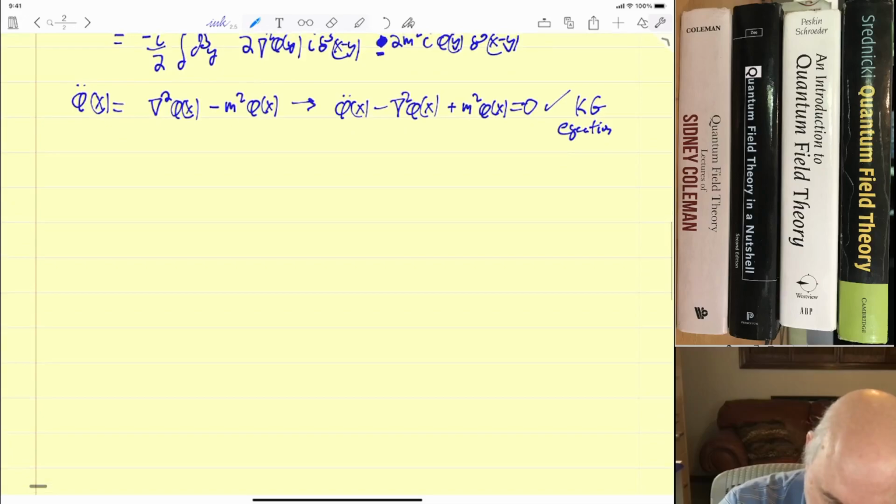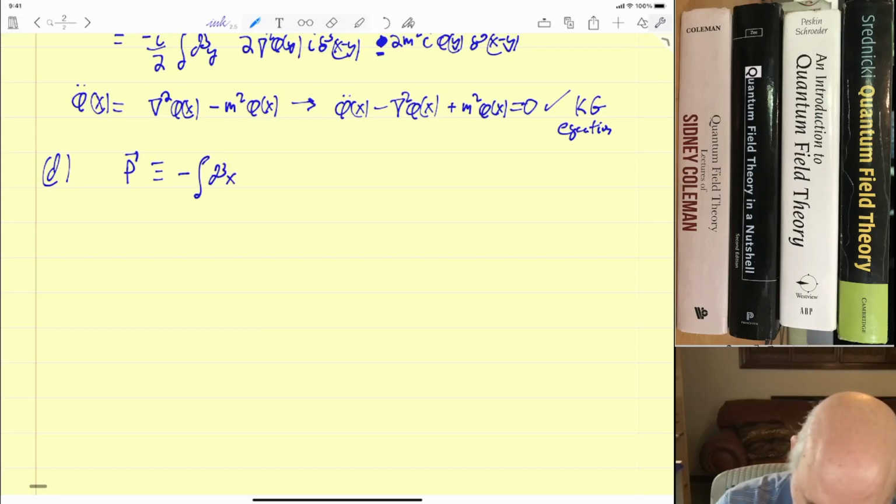Okay, part D. We define a momentum operator. This is a capital P minus the integral of d3x pi of x. Here I will put vectors on top of the dels because that's where it comes from.